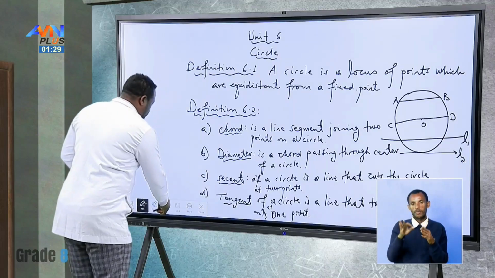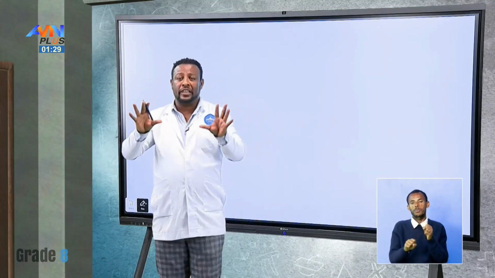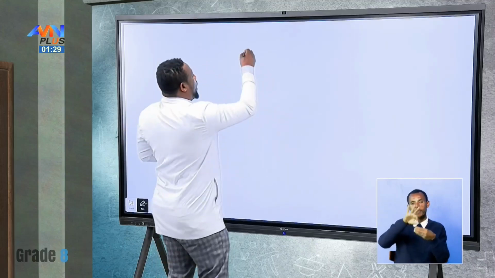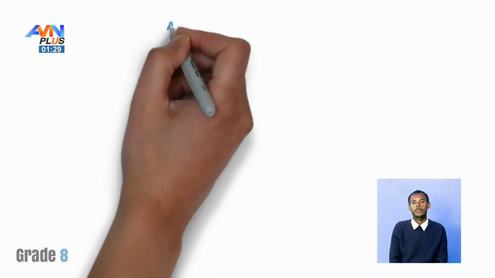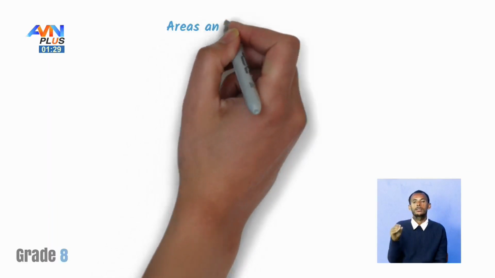Now let's see some of the basic formulas that we need to know in circle, okay? So areas and circumference.